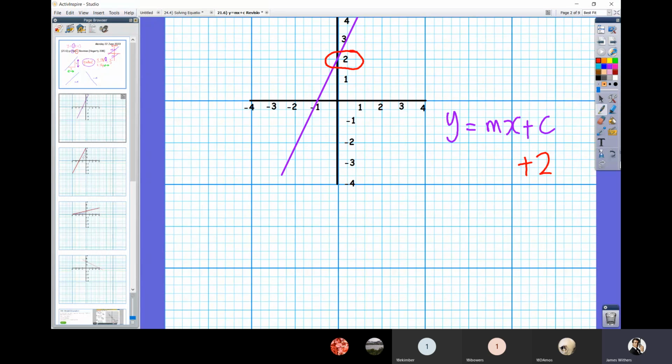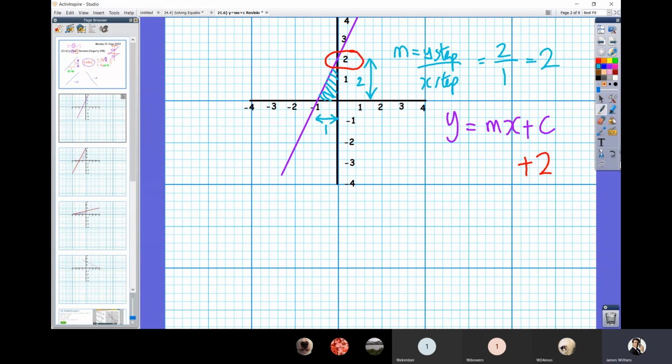And then what we were doing last lesson, remember, was working out the gradient. So take a triangle of your choice. Get used to calling gradient m now. We need to do the y step divided by the x step. So the height of the triangle, which is 2, divided by the length of the base of the triangle, which is 1, and 2 over 1 equals 2.